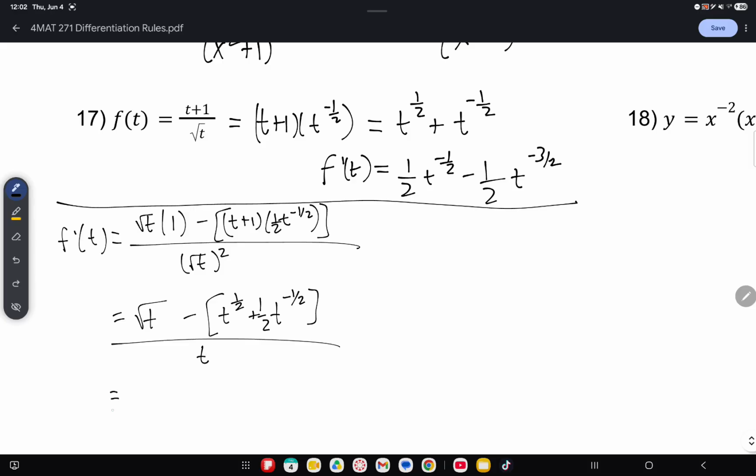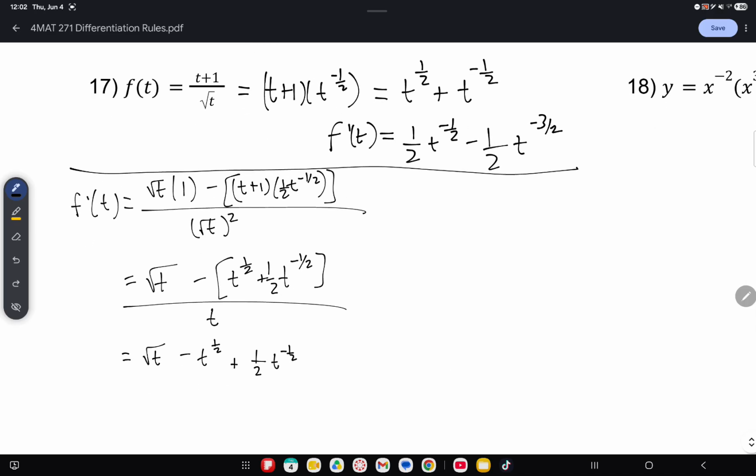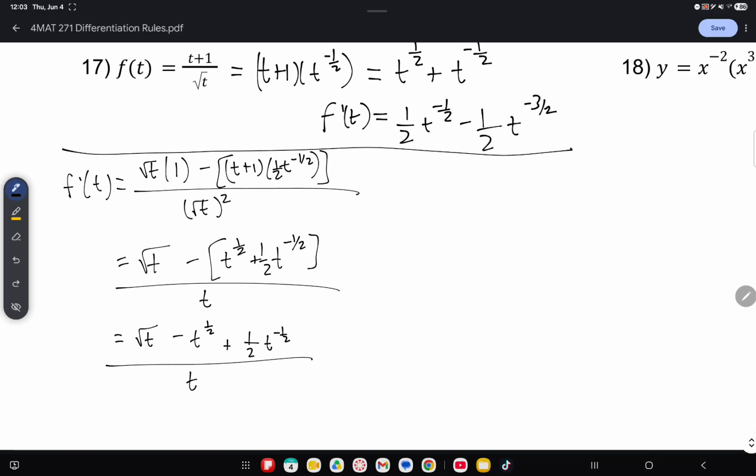And let's see what we got here. We got square root of t minus t to the 1/2 plus 1/2 t to the negative 1/2 all over t. And I think I can combine these somehow.